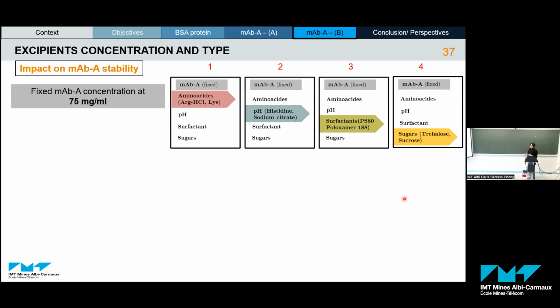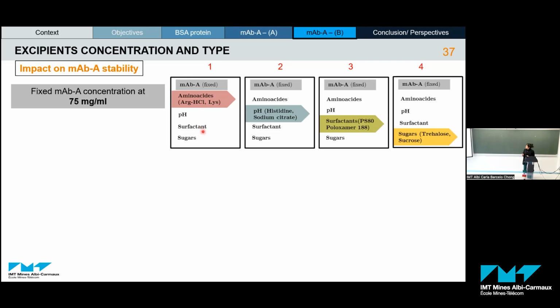In this case, we will study the different excipients, concentration, and type. Now, we already fixed the protein concentration at 75 milligrams per ml, and we will have 4 different cycles corresponding to each excipient. In each cycle, one excipient will be varied in concentration while the others remain fixed.